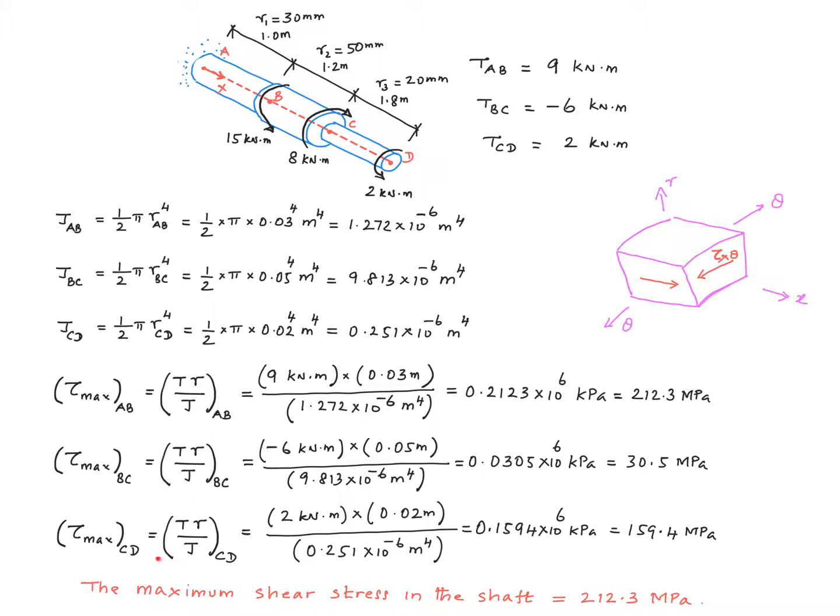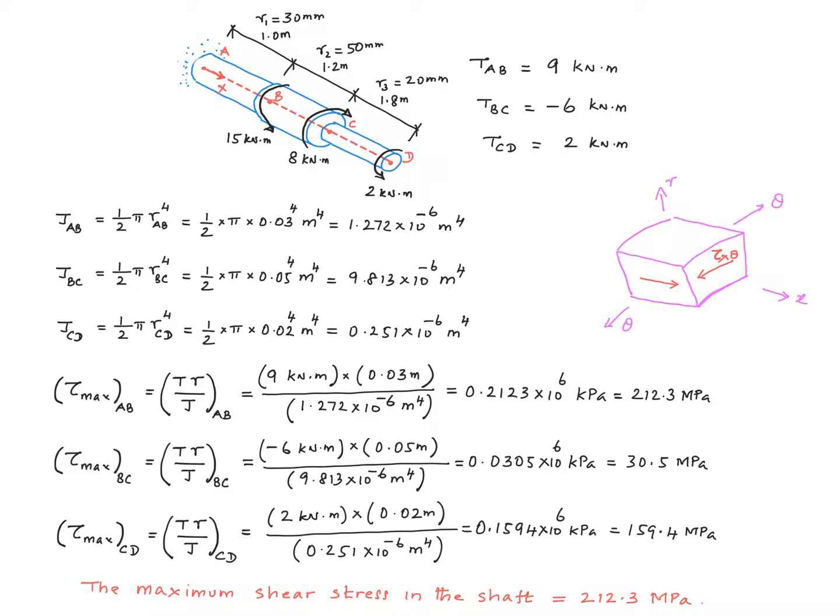Then I use the torsion formula to calculate the maximum shear stress in each of the 3 segments. The torsion formula is TR over J, and here are the values of the torques, and here are the values of the radius for each of the 3 segments, and now we just calculated the values for the polar moment of inertia for each of the 3 segments.